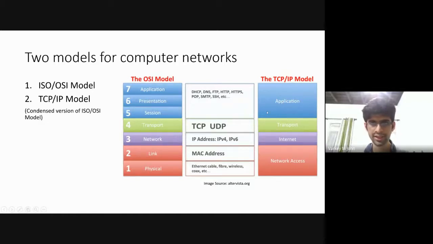TCP/IP combines these 3 layers together as the application layer, and the link layer and the physical layer as the network access layer. This is basically used for segregating the tasks assigned to the data that is coming to a particular device or a particular router.